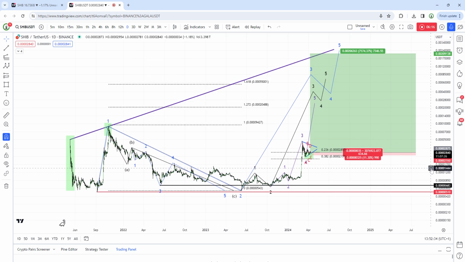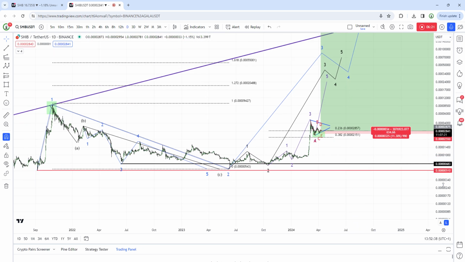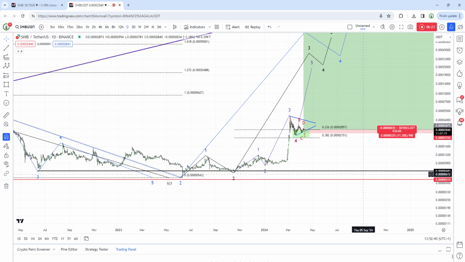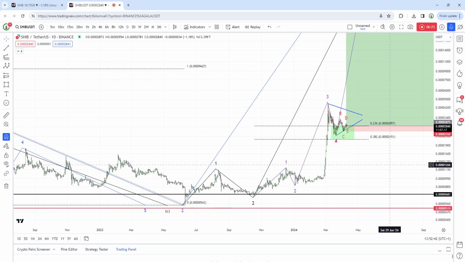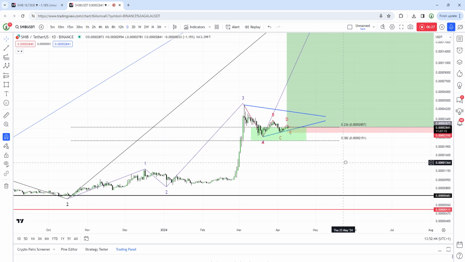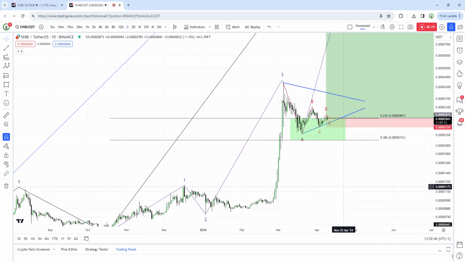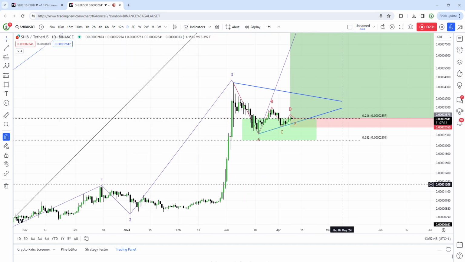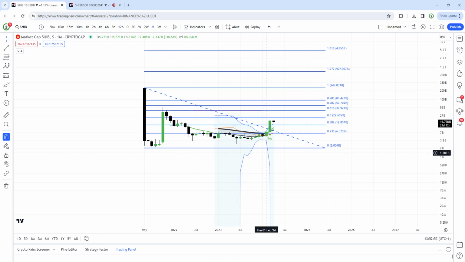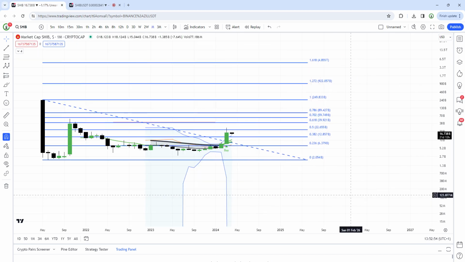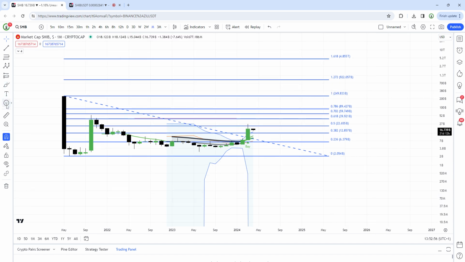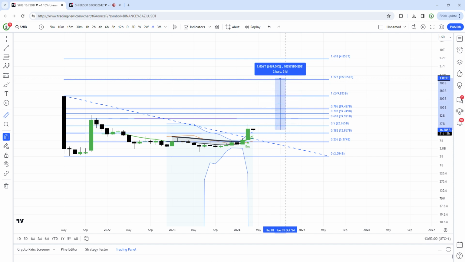So yeah, that's pretty much why I think that Shib has got a lot of energy left in it. It's got a lot of upside potential, and I just don't think that people believe that it can go up anymore. If we flip over to the Shib market cap, if it was to do that kind of move, it would be somewhere around $1 trillion.